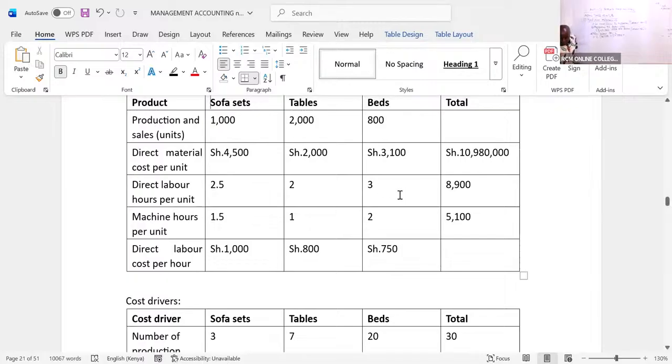Direct labor hours, it is 2.5, 2, and 3, isn't it? Sorry for that. So 3 times the number of beds that are being produced, they're 800.